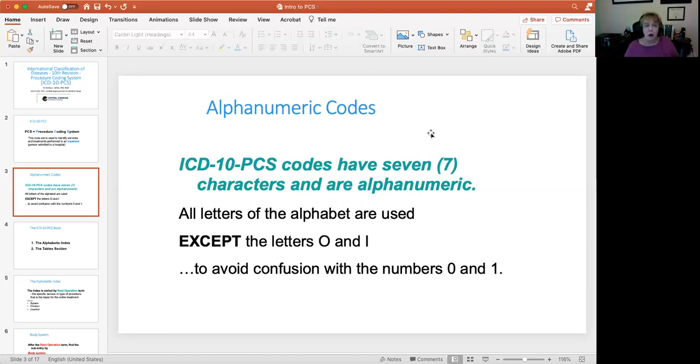Okay, so just remember that. And when I want you to remember that most is when you are typing in your answers, especially if the character right before it is a letter, you might have an inkling to use the letter O instead of a 0, or an I instead of a 1.